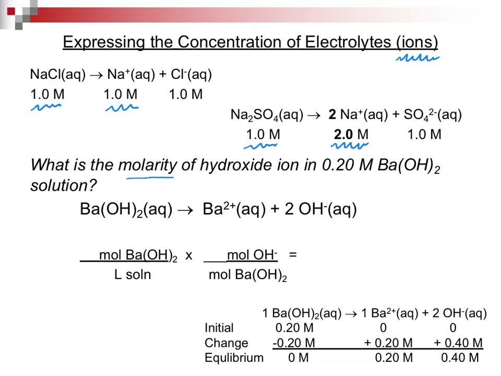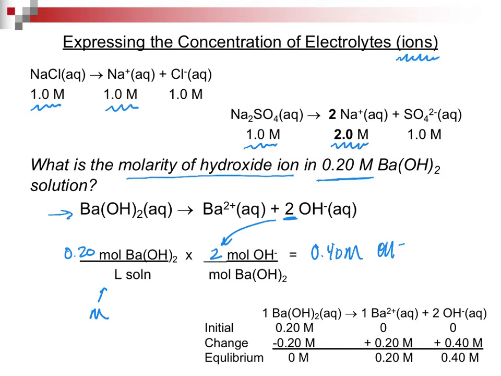What if we want to know the molarity of our hydroxide ion given a 0.20 molar barium hydroxide solution? I would say please write the equation, because then on paper you have those 2 hydroxides. So we have 0.20 moles per liter, that's our given molarity. By writing the equation, we see there are 2 moles of hydroxide for every mole of barium hydroxide, and it gives us 0.40 molar hydroxide ion.